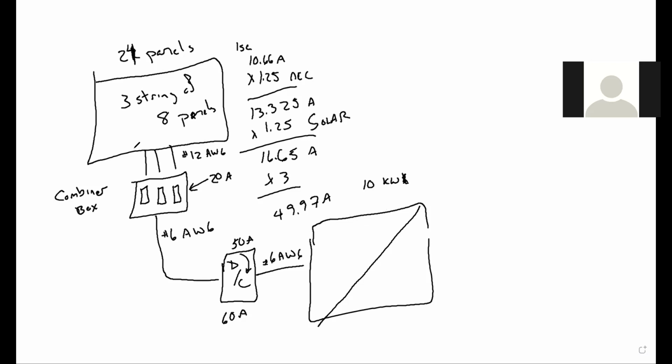Well, how many watts are we coming in with? Well, we've decided that it's 24 panels and there were 415 watts each. So 24 times 415, we're coming in with 9,960.